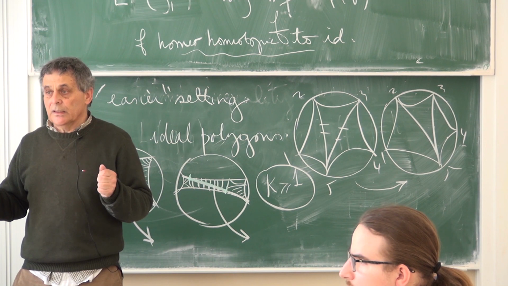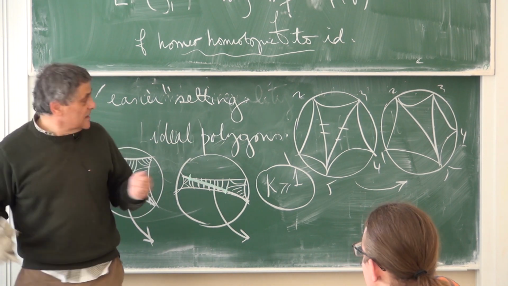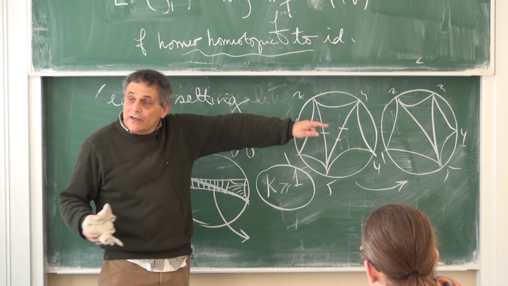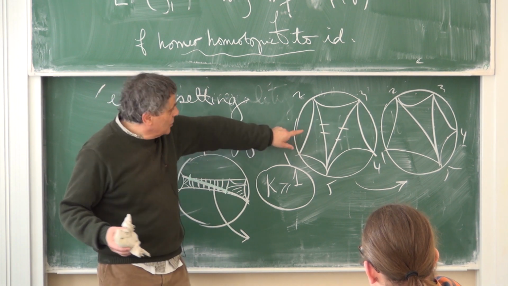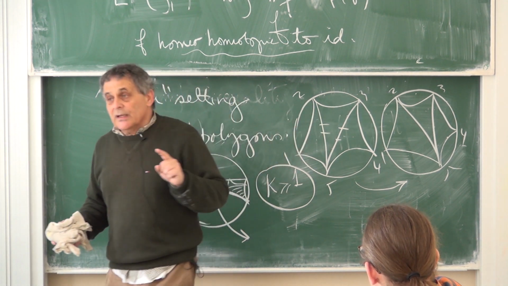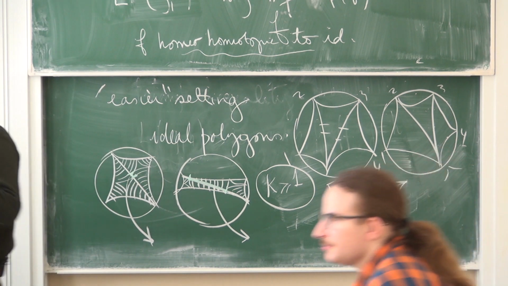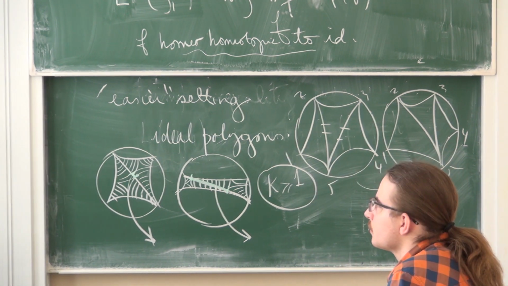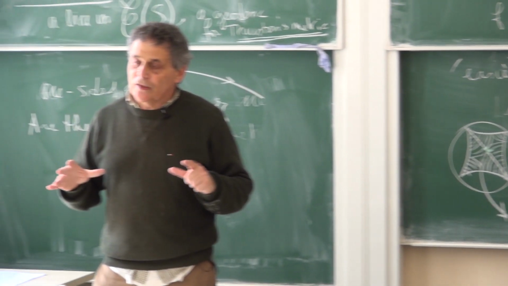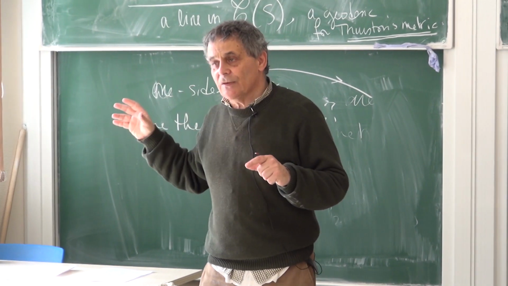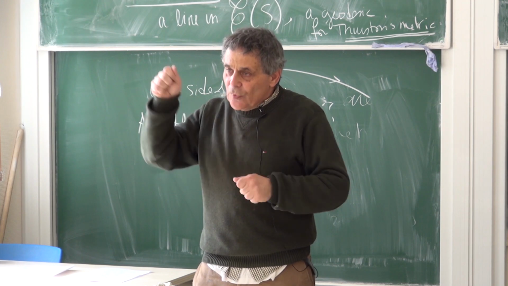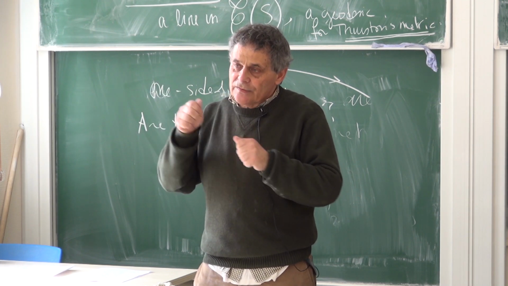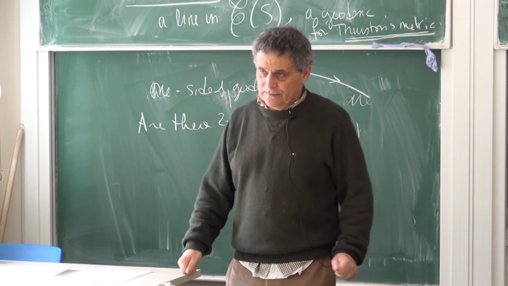Why can't we do the same with the pentagon? Because if I do this, I cannot go from an arbitrary hyperbolic structure on the pentagon to another hyperbolic structure on the pentagon by doing just one straight line. It's like a tree. This is what I'm saying.